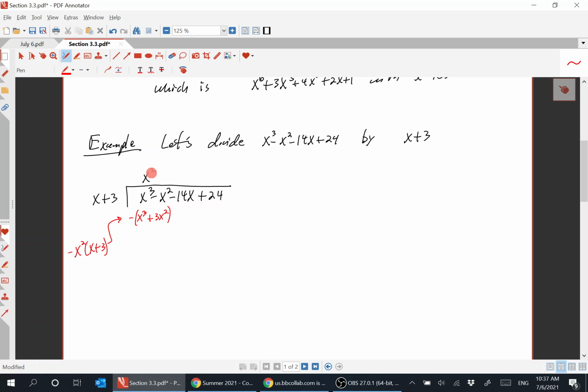So then I put the x squared up here, and I take negative x squared, multiply it by x plus 3, and put it right there. All right, so now distribute to subtract.